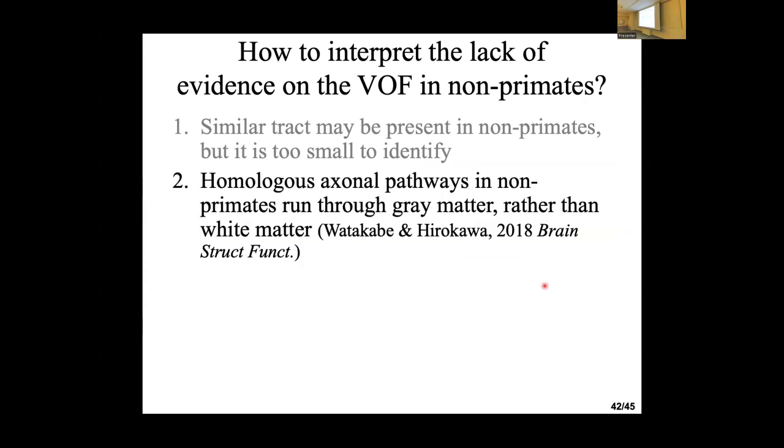So I will finish my talk by raising three other potential possibilities. The first possibility, which is quite likely: a homologous axonal pathway in non-primates exists, but it runs through the gray matter rather than white matter. I think this is possible because of a recent brain structure paper from Watakabe, a Japanese anatomist. They say that in rodent neuroanatomy data, the majority of the callosal pathways, the across-hemisphere pathways, come out into the white matter.